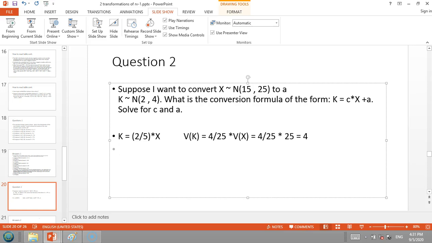And then the expected value of x is 15. Does this make sense? Plus a.